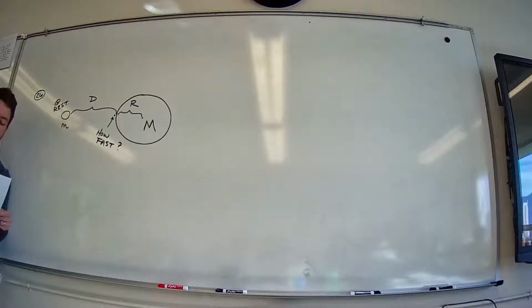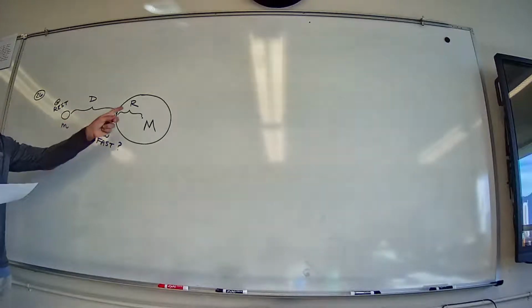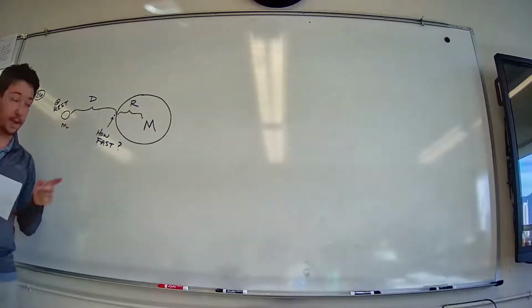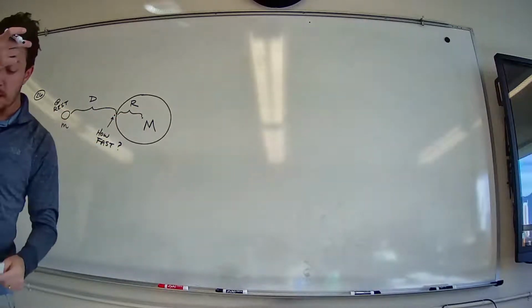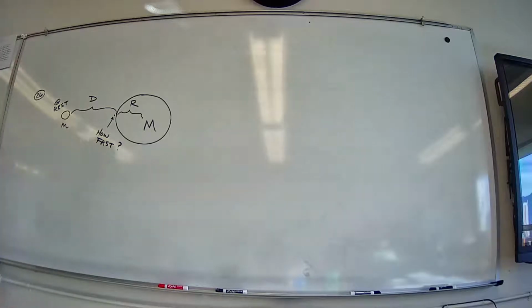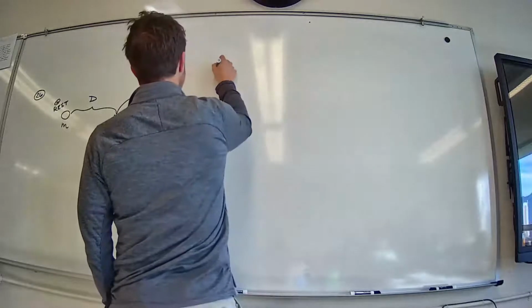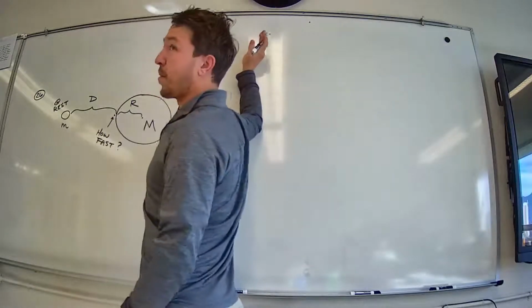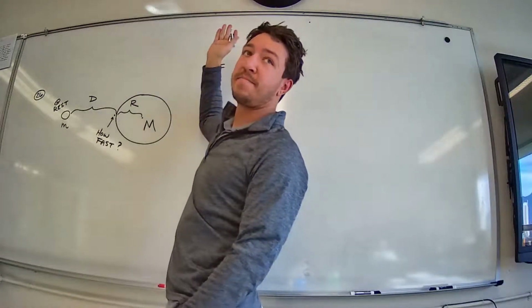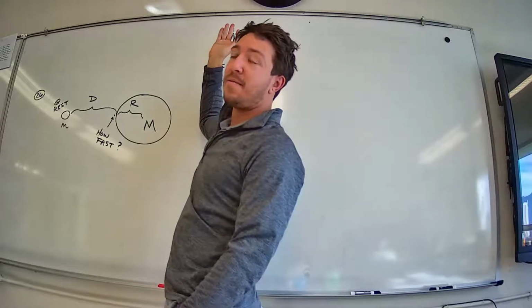But anyway, it gives us a sense of how this value affects the final answer, and this value as well. Okay, so how do we set it up? Or what principle are we going to use? You guys can answer that one.